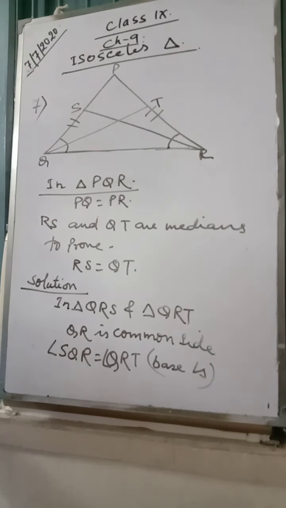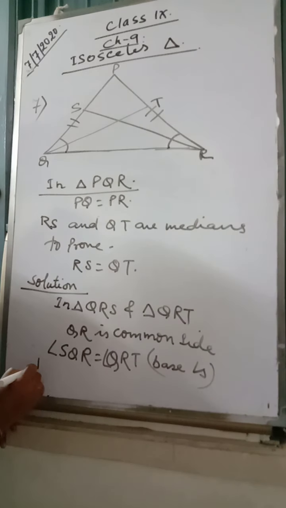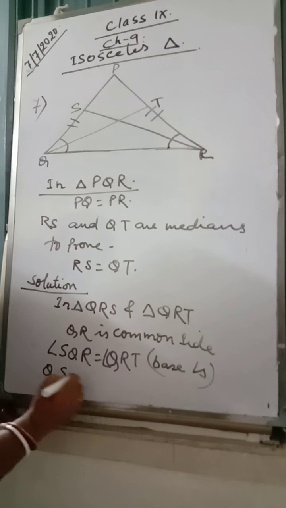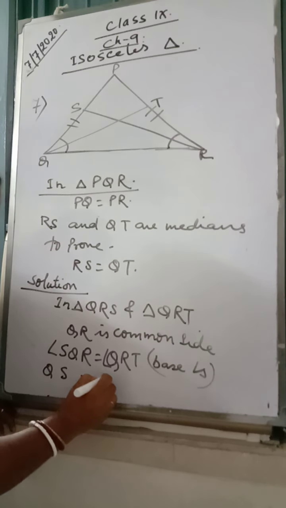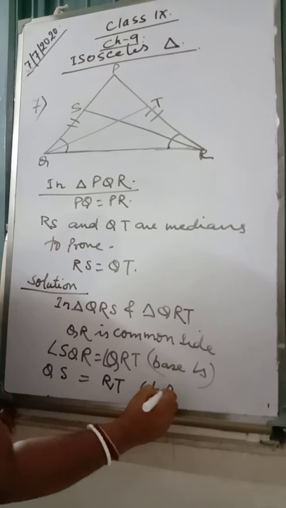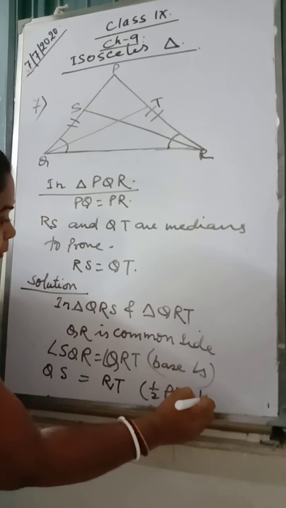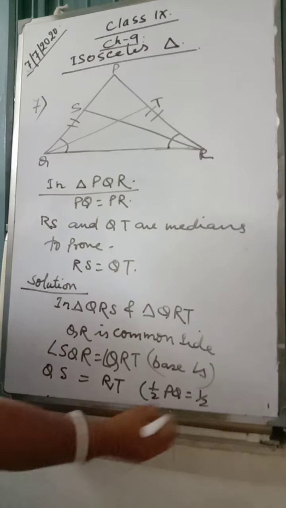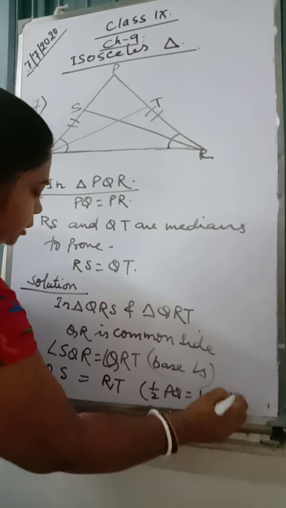These equal angles are known as base angles also. Since PQ and PR were equal, so half, QS is equal to RT. Why? Half of PQ is equal to half of PR, so they will be equal.